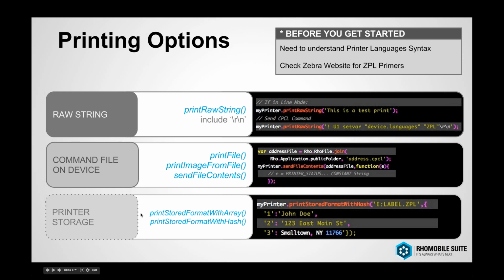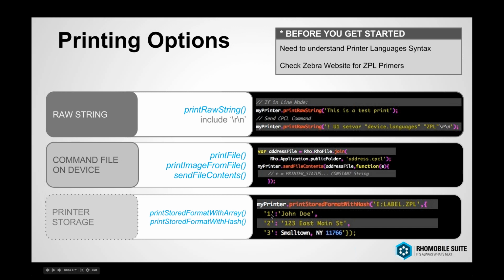Printing from storage, again, this is a Zebra specific feature. If I had, in this case, a pre-stored label on the printer, and this is a Zebra notation where it's stored actually on the printer, this E drive, I essentially just need to pass in some parameters. We have two ways to do it: passing an array or passing in a hash, and they're basically the same.